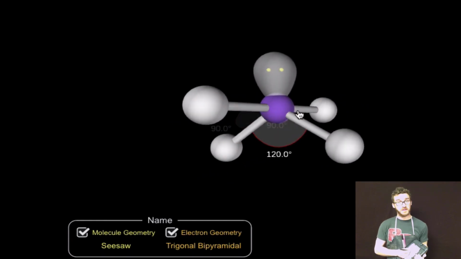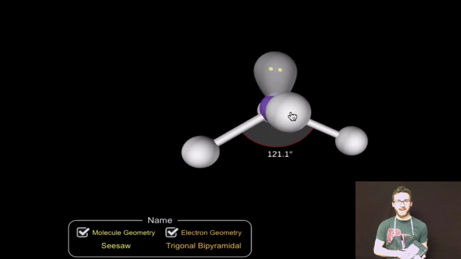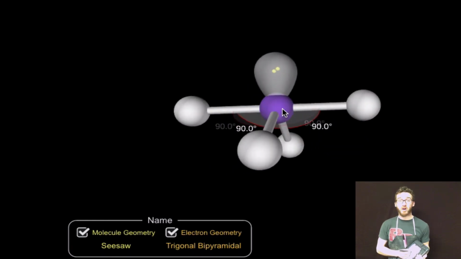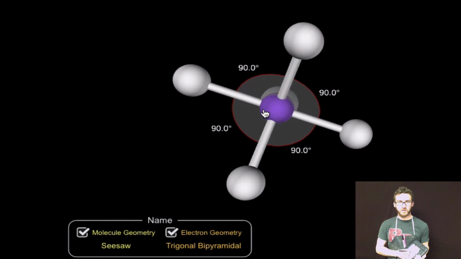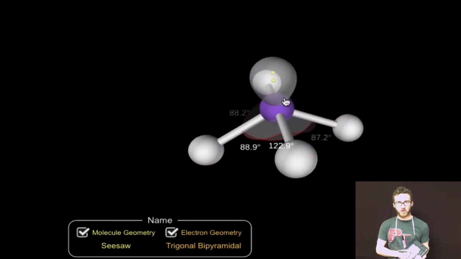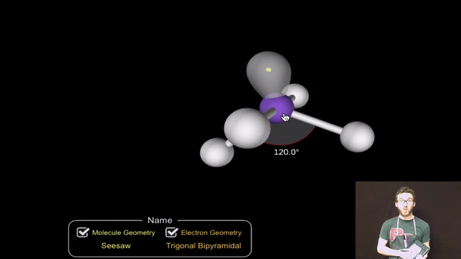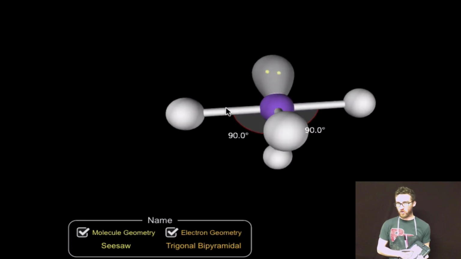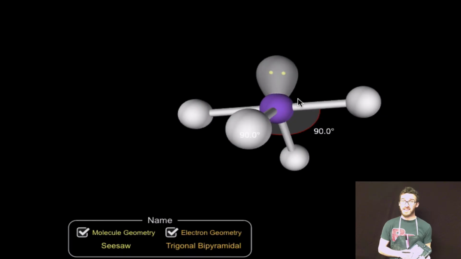Do we think that this is going to be polar or non-polar? Is this molecule symmetrical? Do all the individual bond dipoles cancel out? Or is this molecule asymmetrical? Are we going to have a net dipole overall? That lone pair of electrons indicates most likely we are.